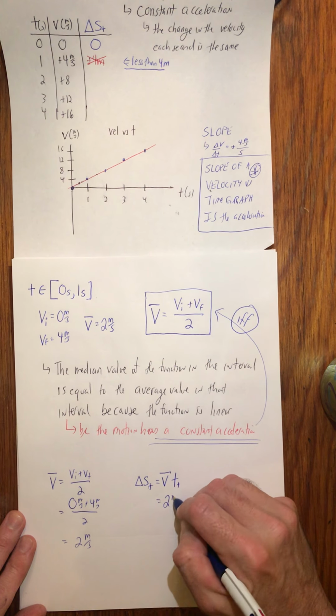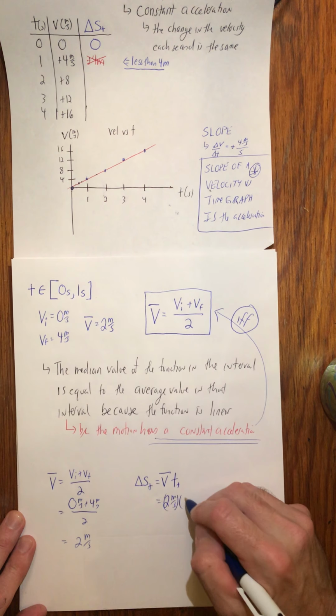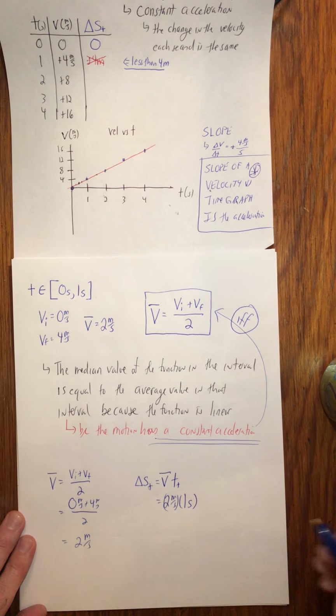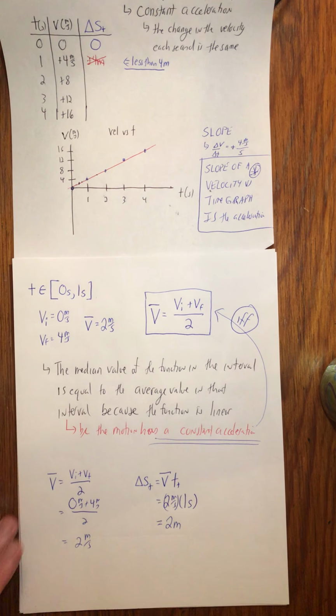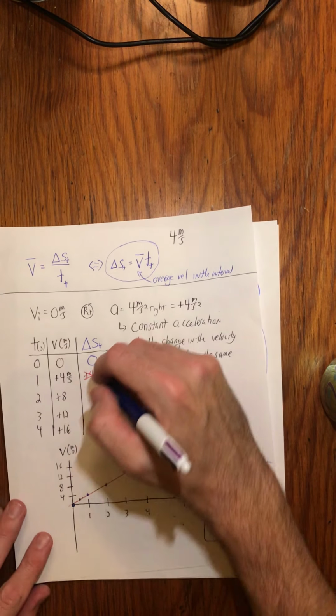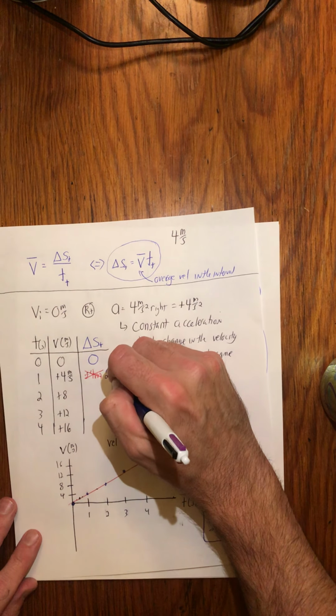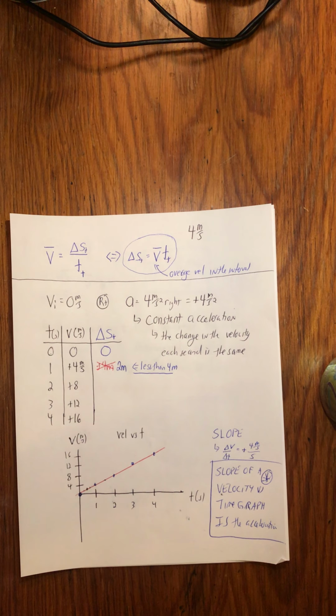So it's an average of 2 meters per second for an interval of 1 second long. And that gives me that I travel 2 meters in that time period. And so there you go. We can come back here and we confirm our guess that it's less than 4 meters per second, and it's in fact 2 meters per second.